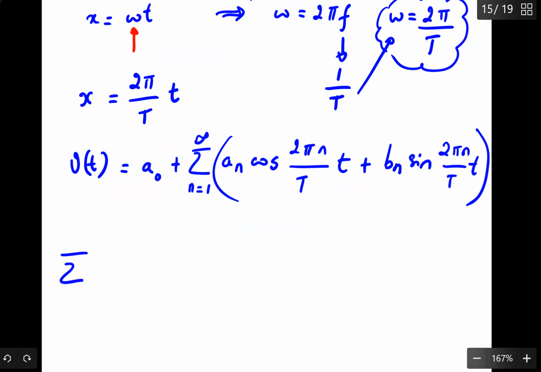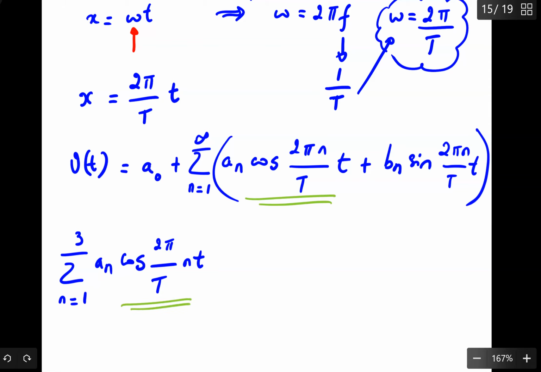I will write the sum from n equal 1 to 3 of an cos of 2 pi over T times nt. This is exactly what I have there. I just repeat it for you to see. Then I will write a1, where I substitute the value n equal to 1, then n equal to 2, and n equal to 3.